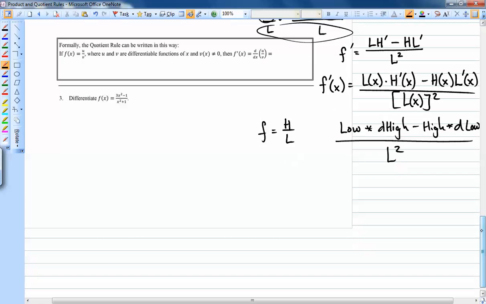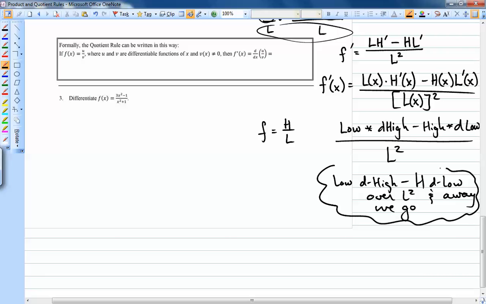So the rhyme is this: low d high minus high d low, over low squared, and away we go. And we'll practice that in class. This is one that pretty much every calculus teacher teaches their students at some point for the quotient rule. So if it's high over low, your answer ends up being low d high minus high d low over low squared, and away we go.